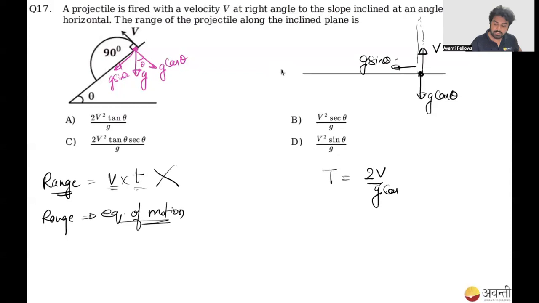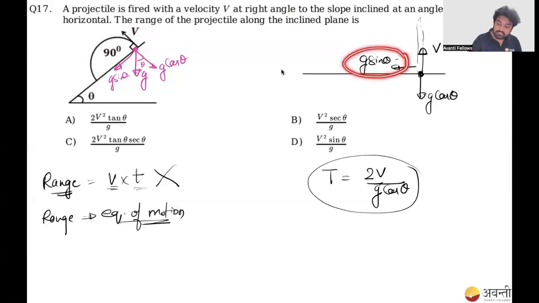So we'll write g cos theta. That formula is for projectile on a horizontal plane. We have converted into a horizontal plane, and now we are applying the same formulas, but with different accelerations. So this is the time of flight. Now in the same time, due to this acceleration, this particle drifted left. Maybe it is a wind, let's say.